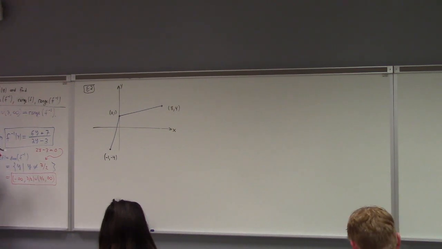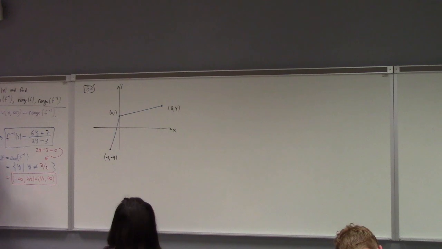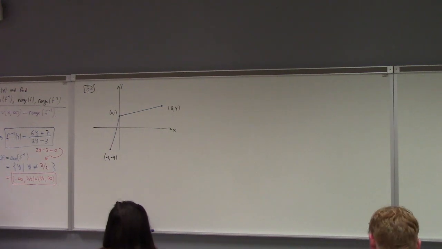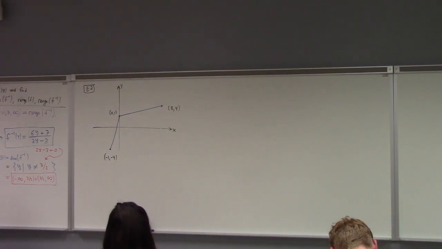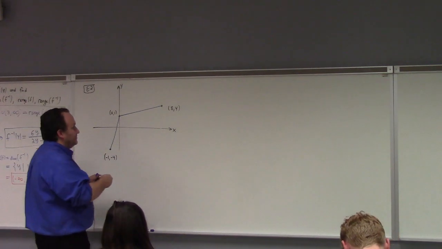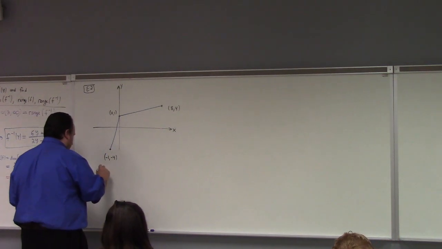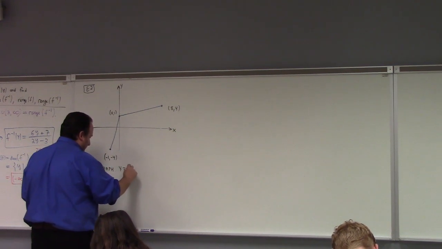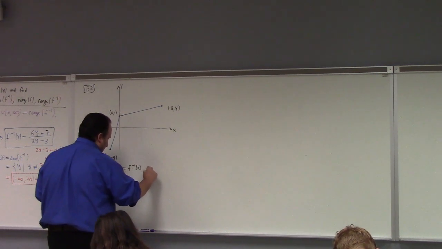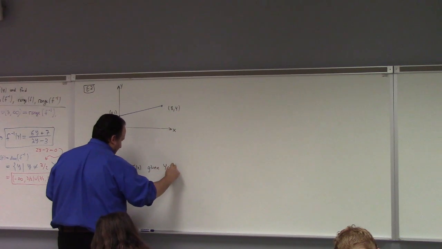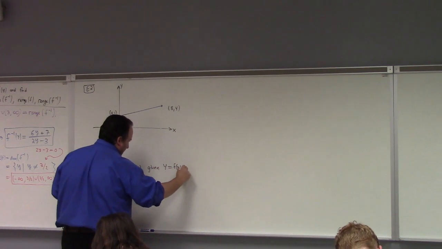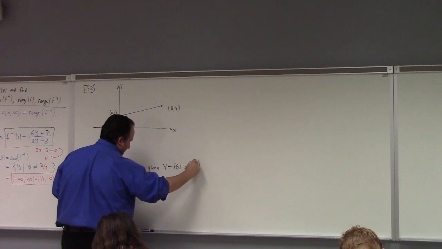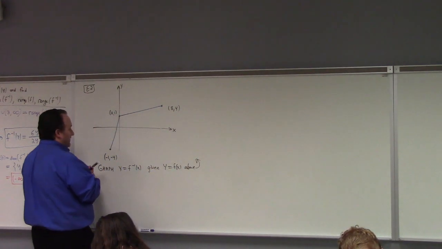This is what you're given on the test, let's say. Then here's the question. Graph the inverse function. Graph y equals f inverse of x given y equals f of x above. So my y equals f of x is in blue.